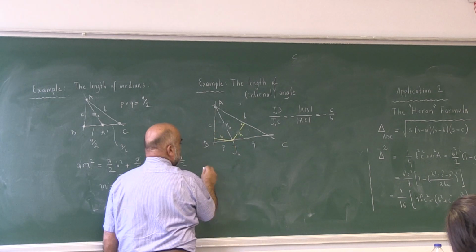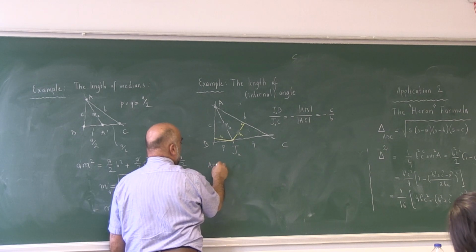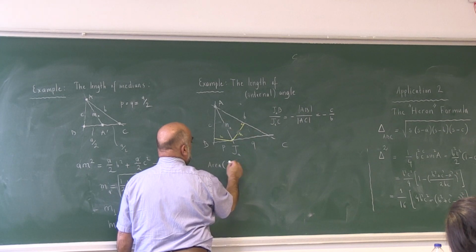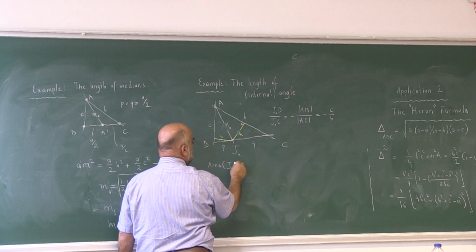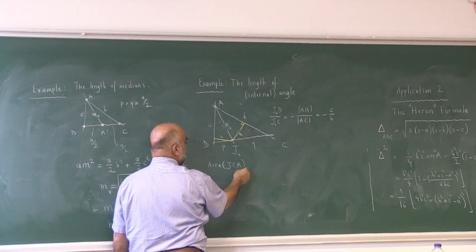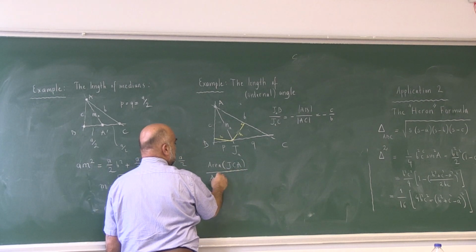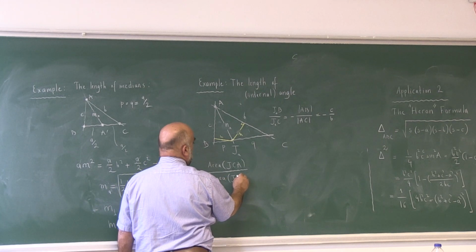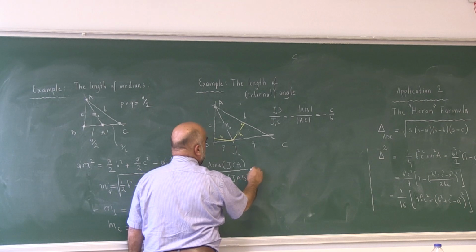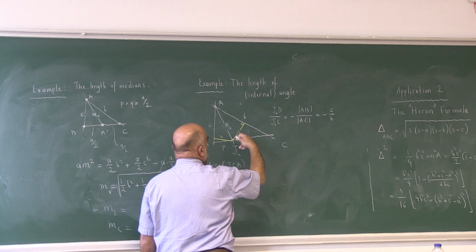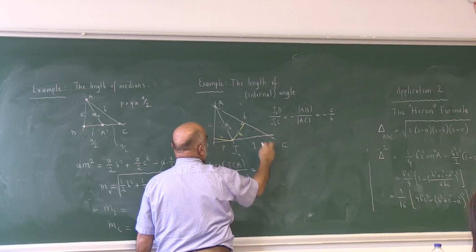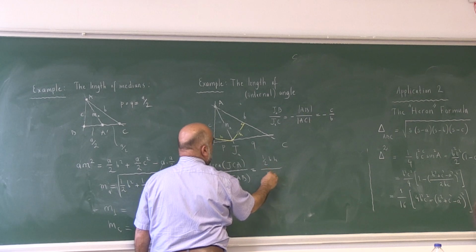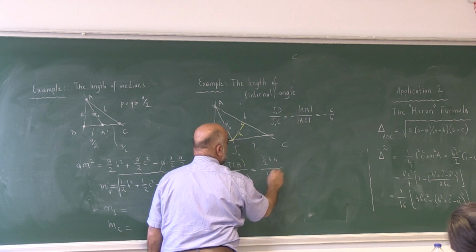So you can do it like this: area of J, let me write J, not JA, JCA over JAB. Well, this is in fact very simple. This object is a half b times h, divided by a half c times h. Okay.